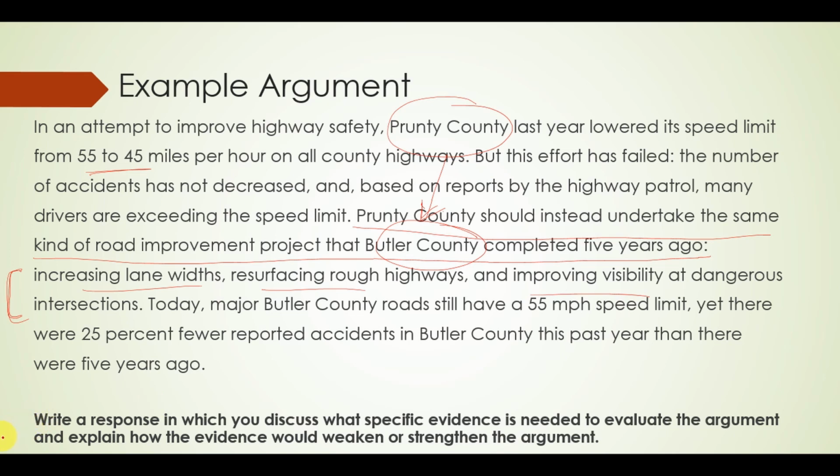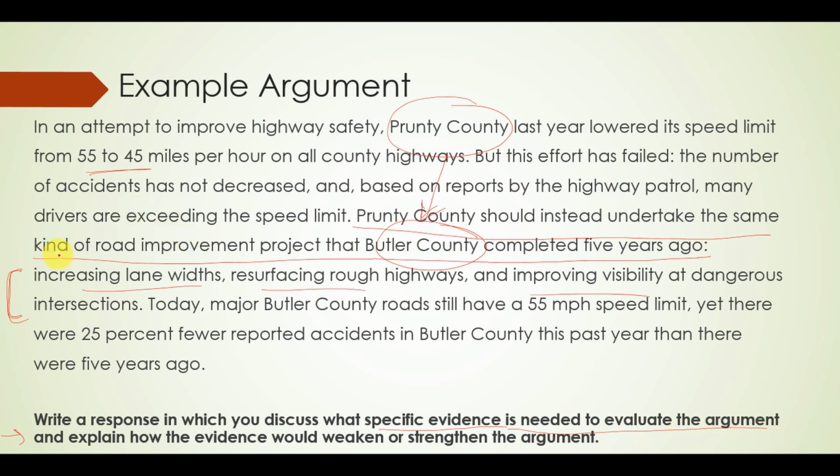What are the instructions? Here you go. Write a response in which you discuss what specific evidence is needed to evaluate the argument and explain how the evidence would weaken or strengthen the argument. So you're basically supposed to find specific evidence that is needed to evaluate the argument.